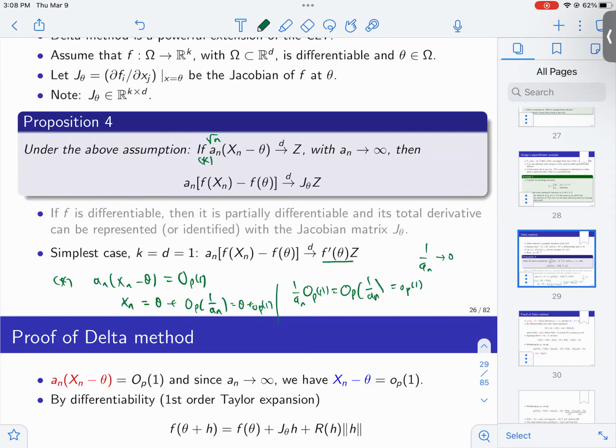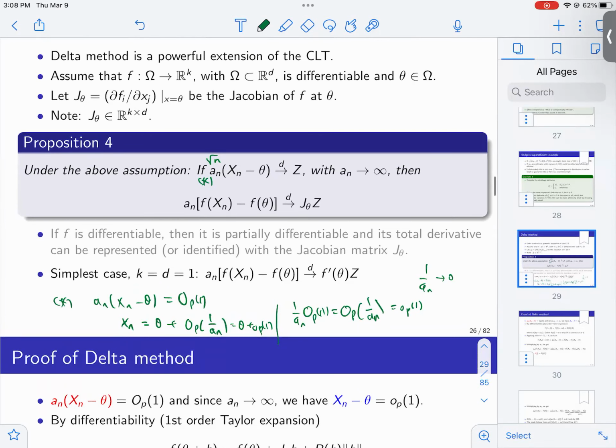This is just going to be the derivative. So for a univariate function f, a_n times f of x_n minus f of theta converges in the limit to the derivative of f at theta times Z. That's the ultimate result. It's a very powerful method because we can apply any nonlinear function which is differentiable, and then get a limiting result.